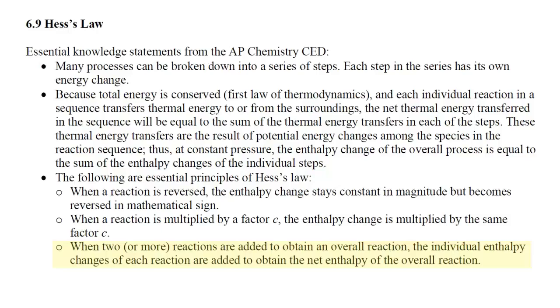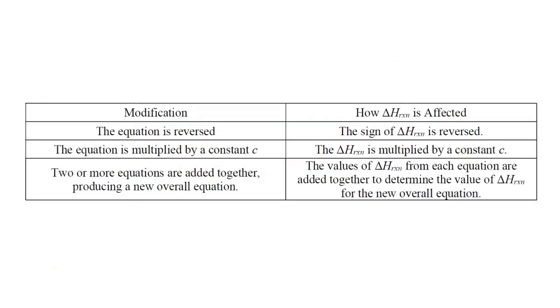So these three essential principles of Hess's law are summarized on the following slide. The modification and how the delta H for the reaction is affected. If the equation is reversed, the sign of delta H for the reaction is reversed.